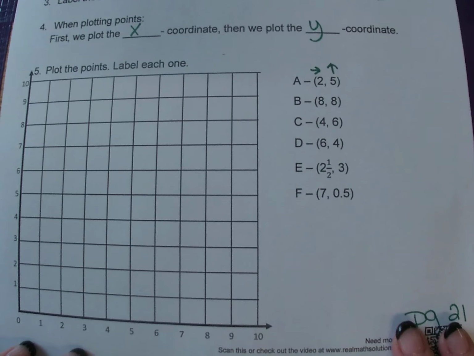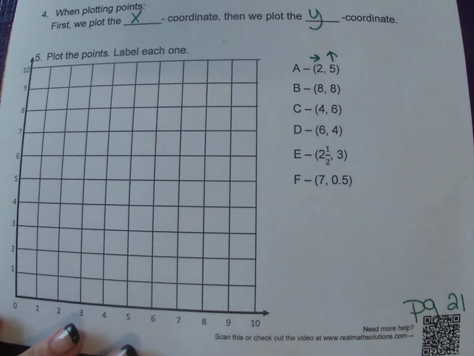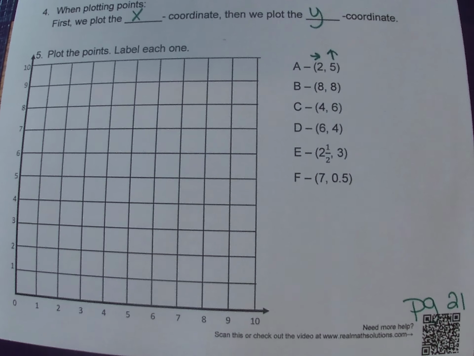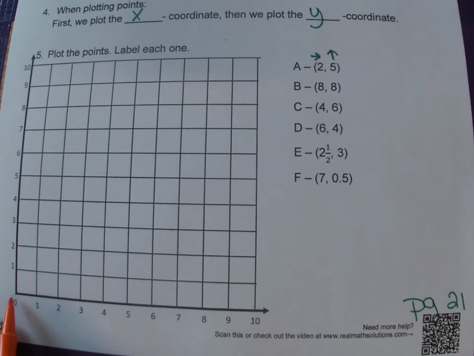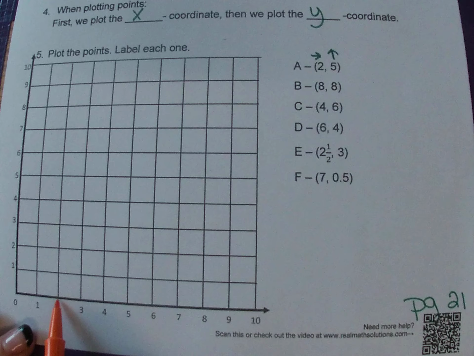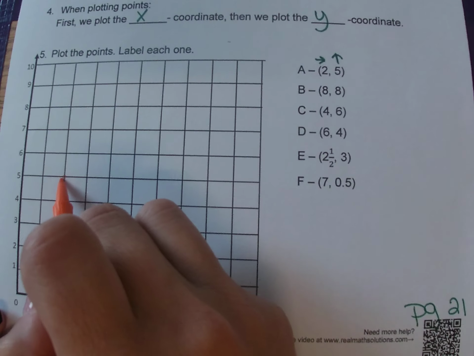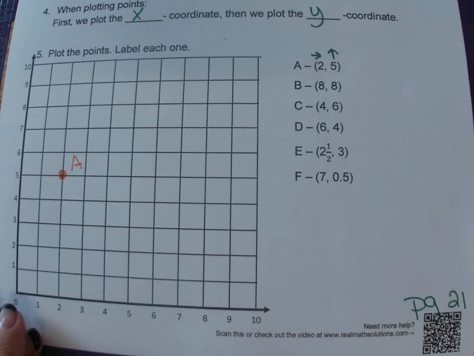If, for example, I want to plot the point 2, 5, I am always going to start at the origin, so I'm going to start at 0, 0. I am then going to move right 2 and then up 5. And this would be my point 2, 5.